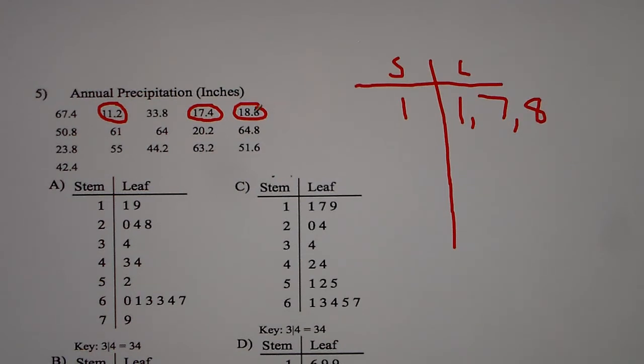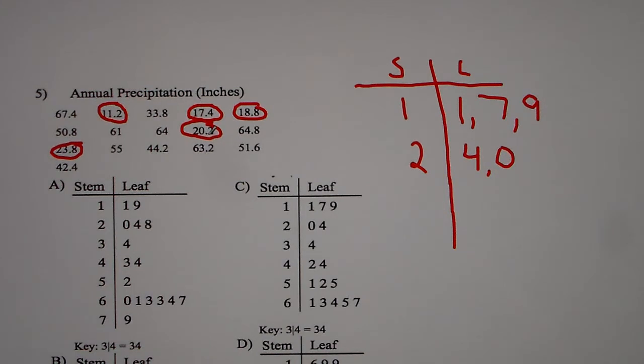Now, 18.8 actually rounds up, it's closer to 19 than 18, so I shouldn't have put an 8 there, I should put a 9. Now I look at the 20s. Are there any 20s? You bet. There's 23.8, which is close enough to 24, so I put a 4 there because we rounded. 20.2, when we round it, that's really 0, because 0.2 is closer to 0 than it is to 9.